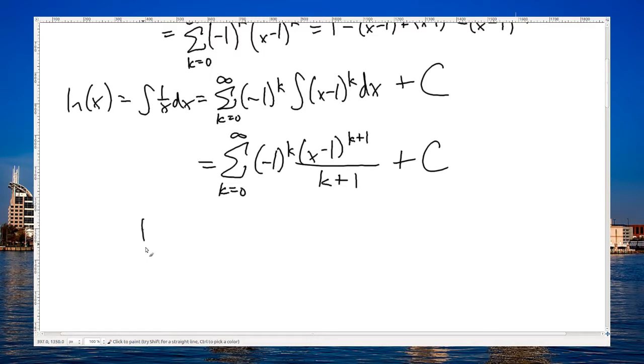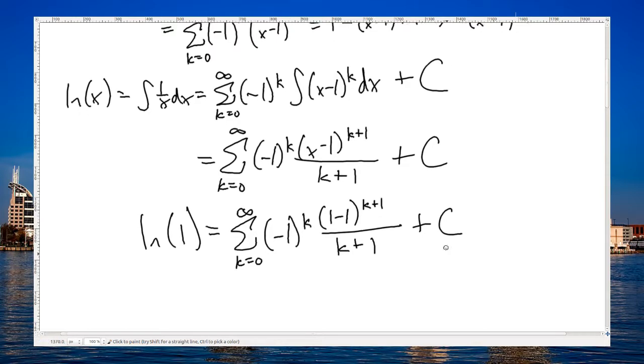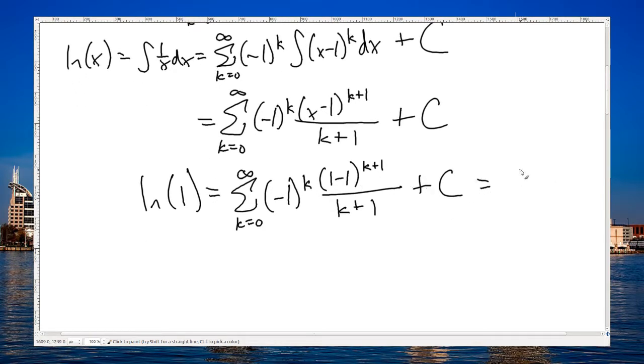We happen to know that the natural log of 1, sum k equals 0 to infinity, negative 1 to the k, x minus 1, not x anymore, 1 minus 1 to the k plus 1 all over k plus 1, that's going to be plus c. Natural log of 1 is equal to 0.